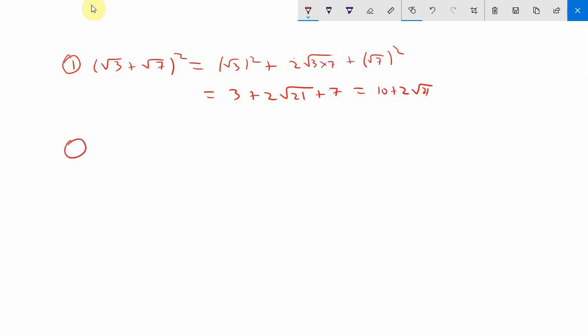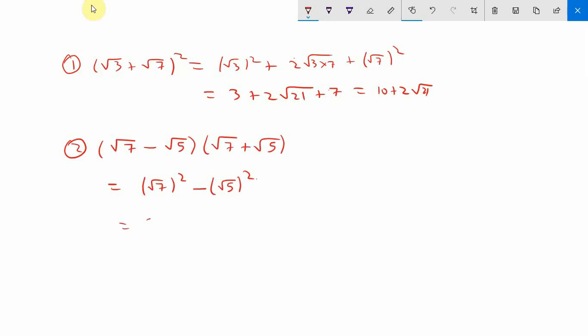Next, we have to find under root 7 minus under root 5 and under root 7 plus under root 5. So how can we do this? See, A minus B into A plus B will be under root 7 whole square minus under root 5 whole square. So it will be 7 minus 5 is equal to 2. Okay. So in this way we can simplify the given numbers.